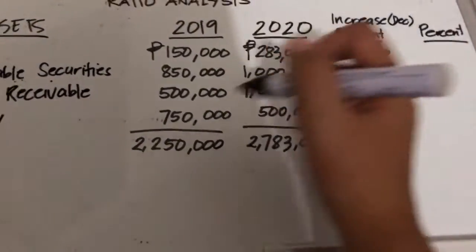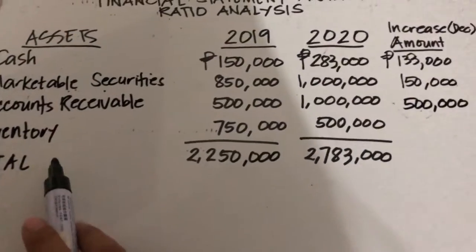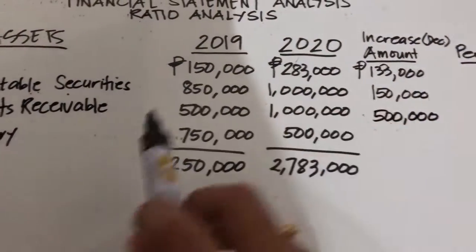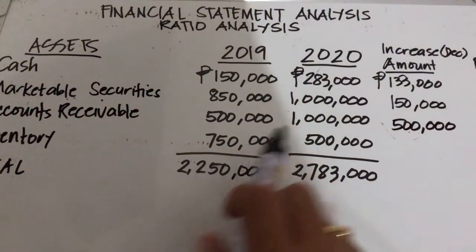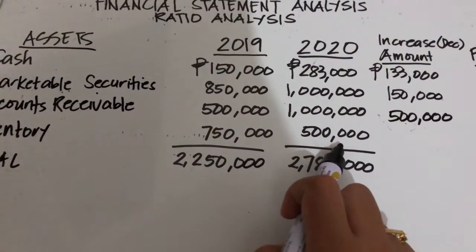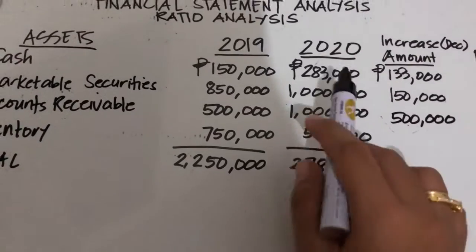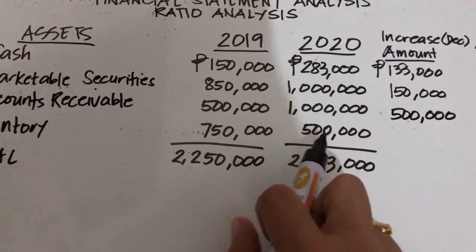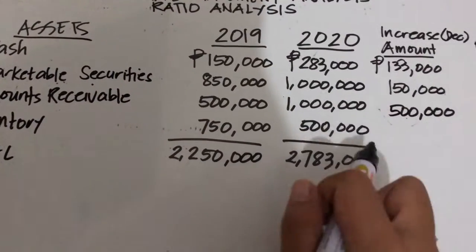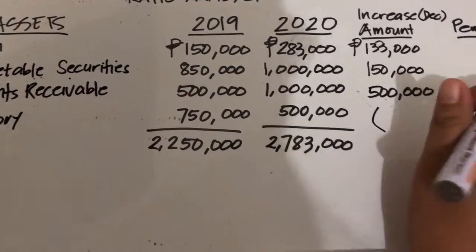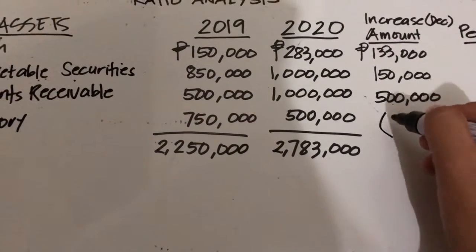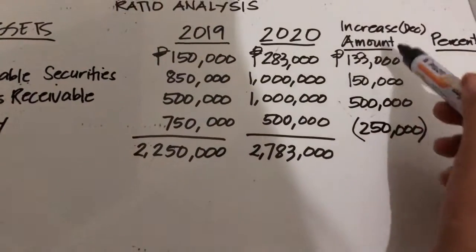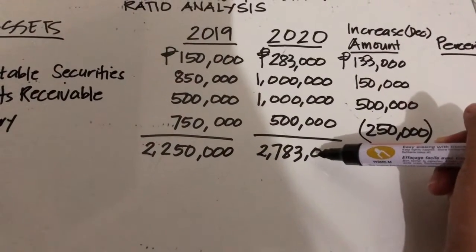And then, eto, sa inventory naman, mapapansin nyo dito nung 2019, no? Mas malaki yung amount ng inventory sa 2019 compared sa amount nung 2020, naging 500,000 na lang. So, if you're going to subtract 500 or get the difference, 500 minus 750, that is 250,000. So, is it an increase or a decrease?